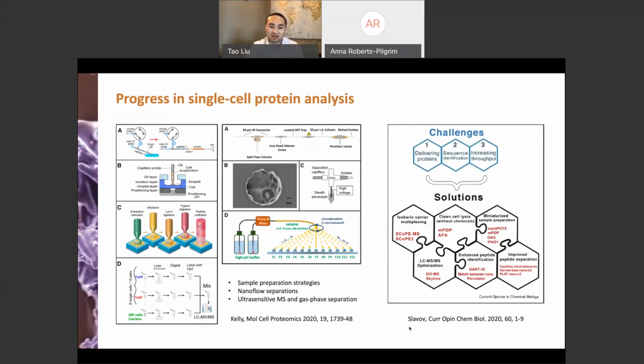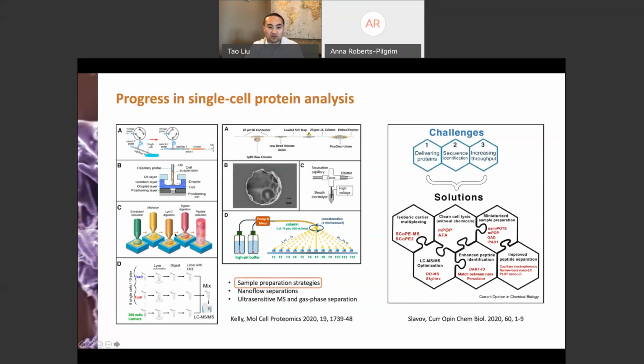I won't be able to cover all these different areas, but today I focus on the first part, sample preparation strategies and handling. I just wanted to highlight two very nice, very recent reviews covering this area.